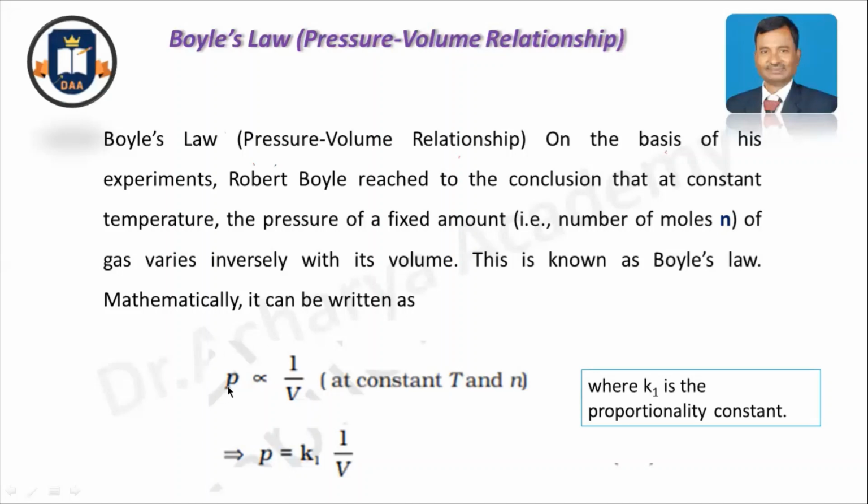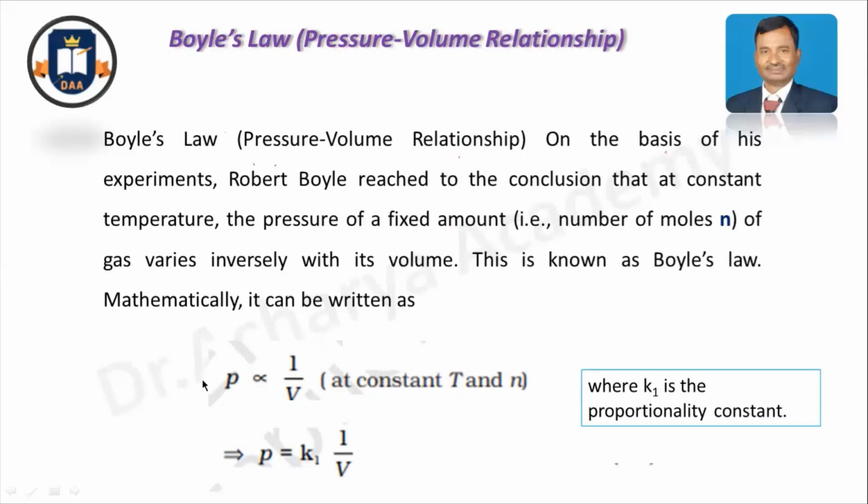So mathematically we can write that P is proportional to 1 by V. When it is 1 by V, that means inversely proportional with P, and in brackets it is written at constant temperature, symbolized by capital letter T, and the number of moles, symbolized by n.